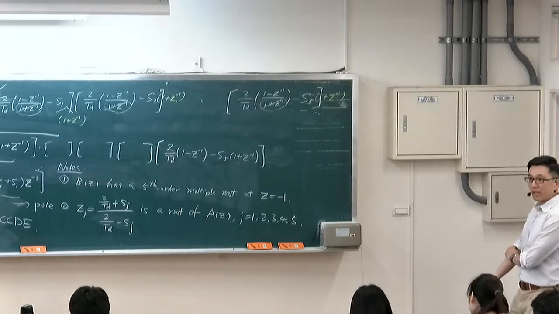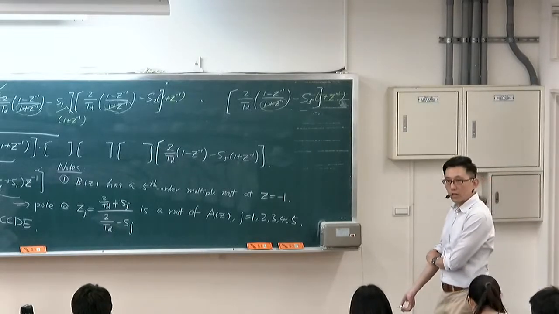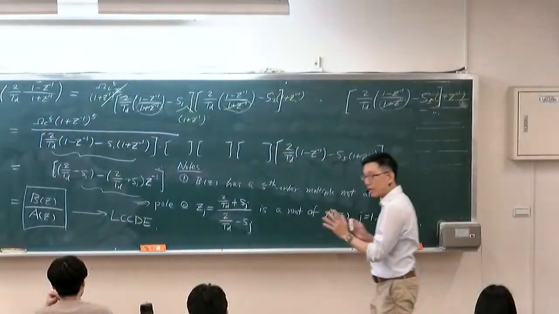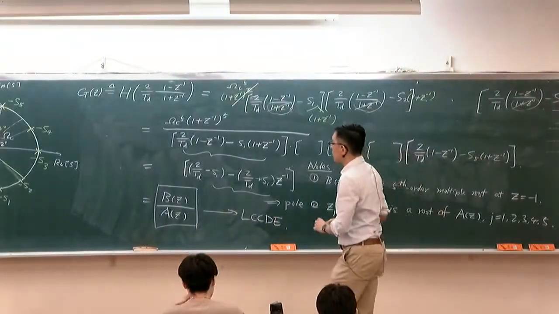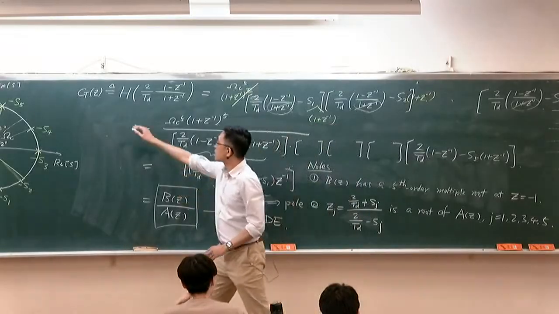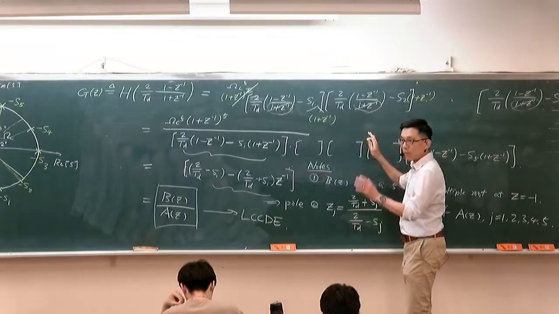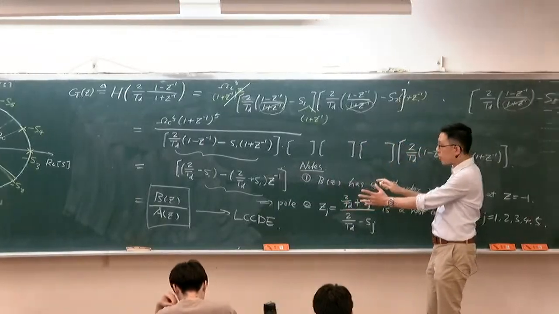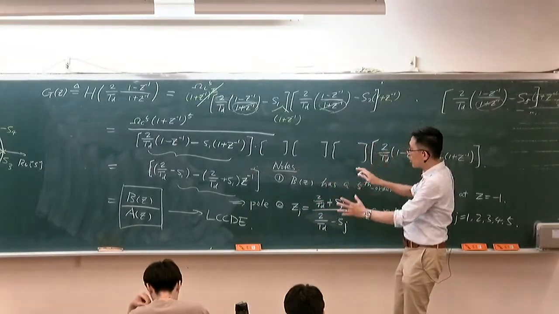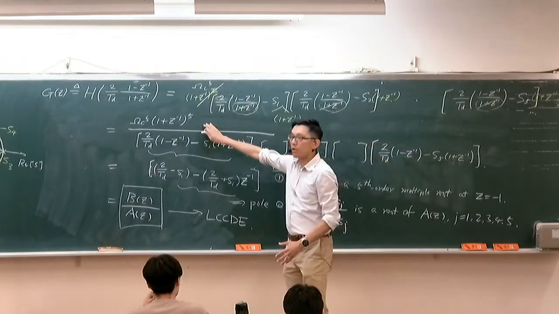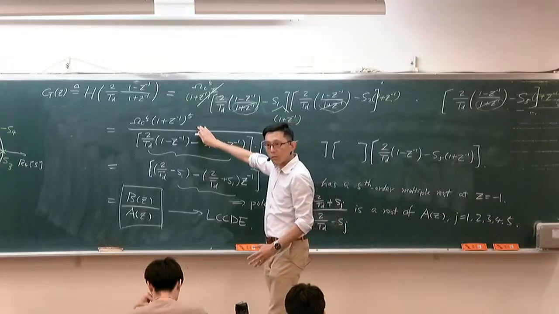Is that making sense? Everything making sense so far? Just remember that the final goal, theoretically, is that we need to organize G of z. It has a complicated expression at first, but by carefully observing it, we note that, first of all, it has a multiple root, a fifth order multiple root on top.